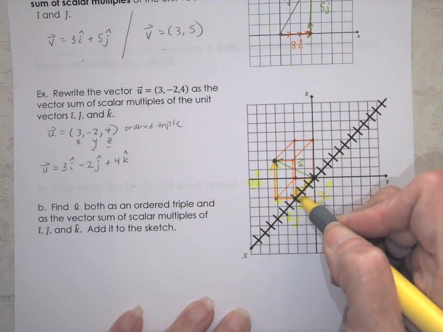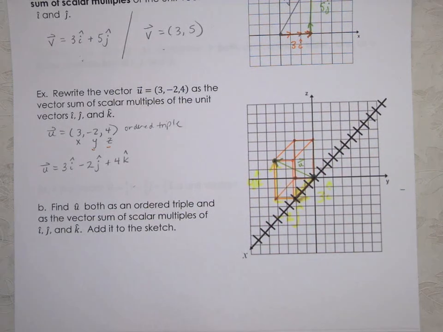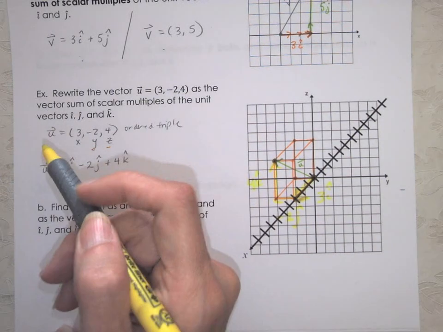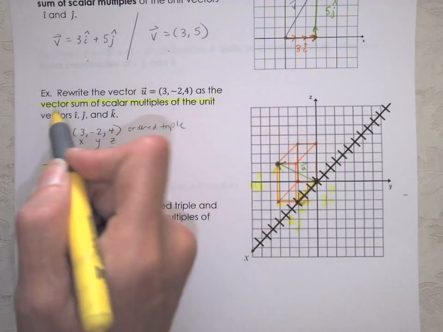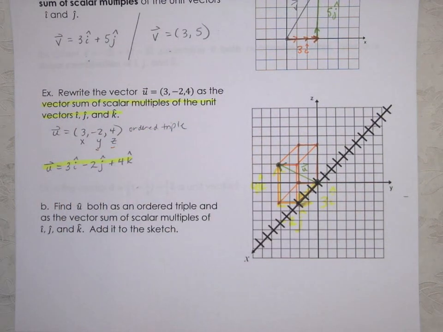So 3i hat minus 2j hat plus 4k hat gets you to that same point. So again, 2 equivalent ways to write it. And this one is writing it using the vector sum of scalar multiples of unit vectors i hat, j hat, and k hat.